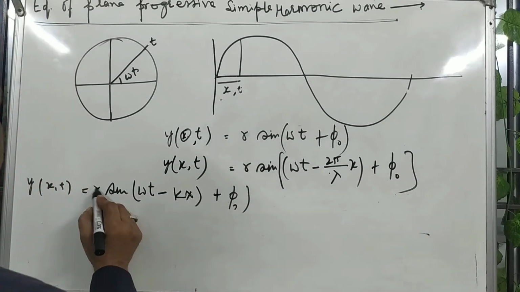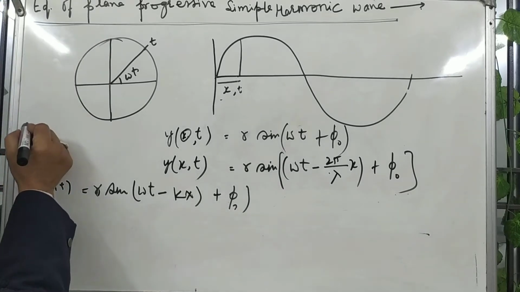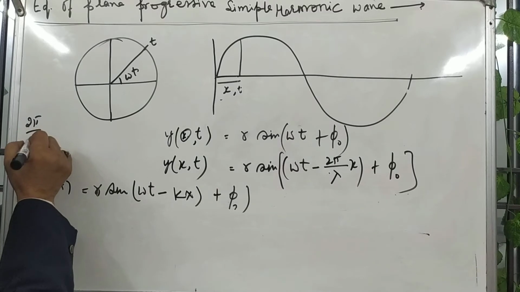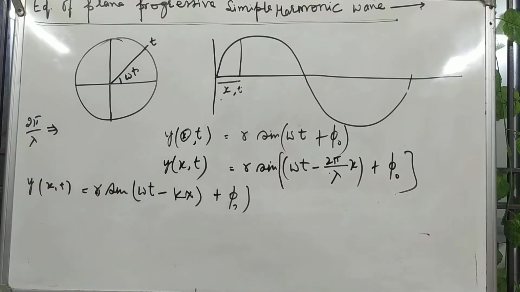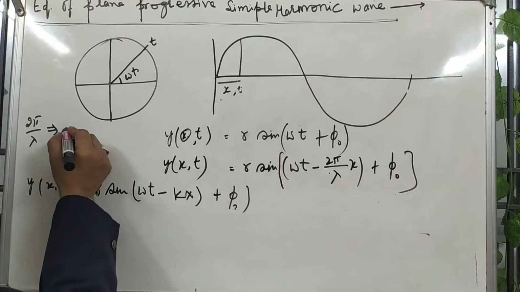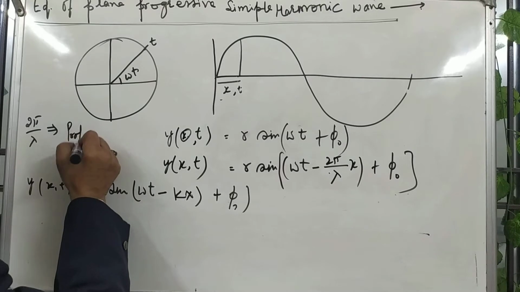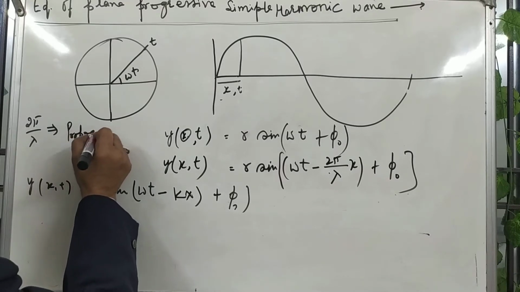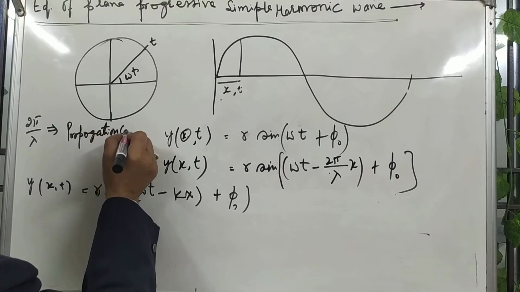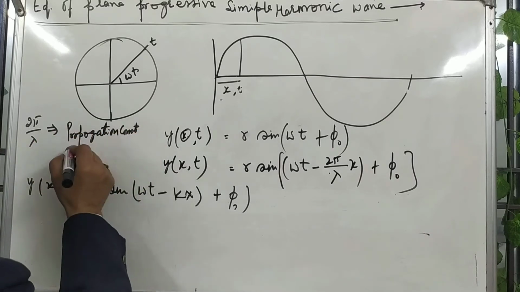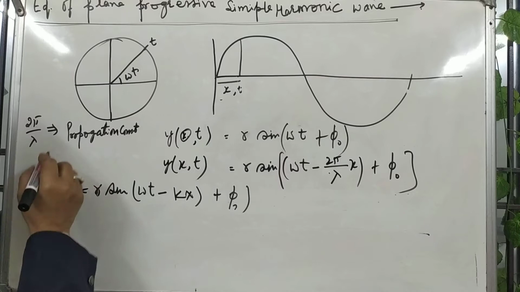Strictly, here 2 pi by lambda is represented as the propagation constant. We call it the propagation constant or angular wave number.